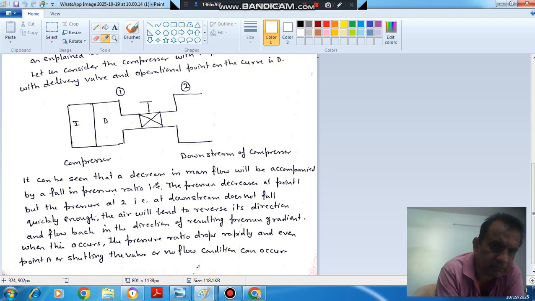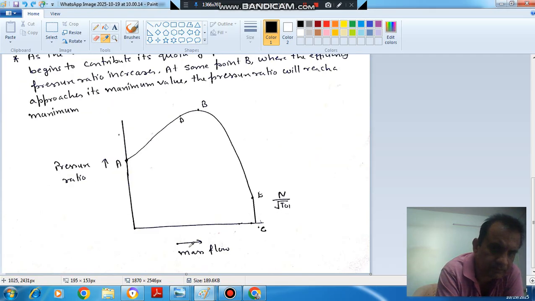It can be seen that a decrease in mass flow will be accompanied by a fall in pressure ratio. If we decrease some mass flow, it will lead to a decrease in pressure ratio.